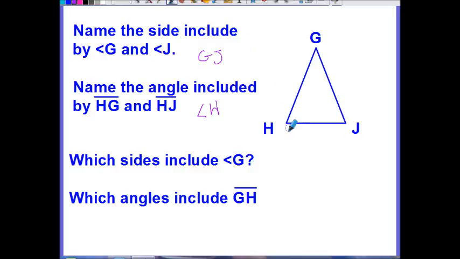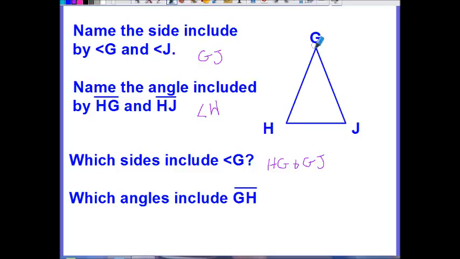So here we go. Angle G is this angle right here. If we want the two sides that are going to smash this angle right here, my two sides are going to be side HG and side GJ. Now that second one, the angles that are going to include side GH.